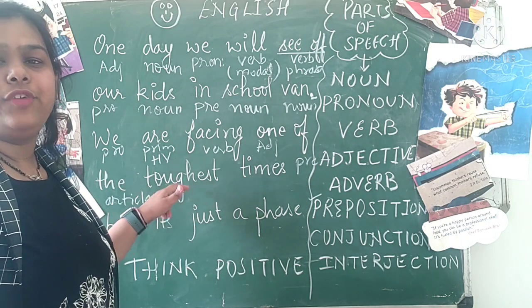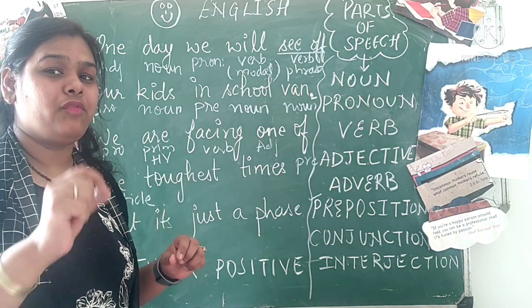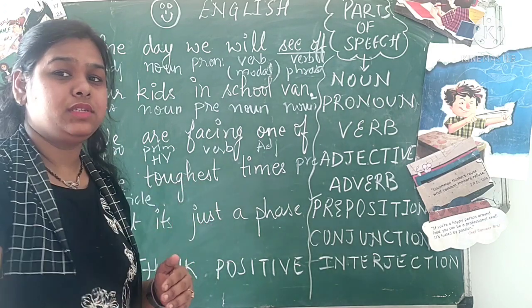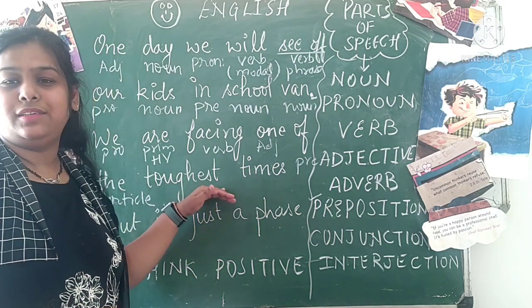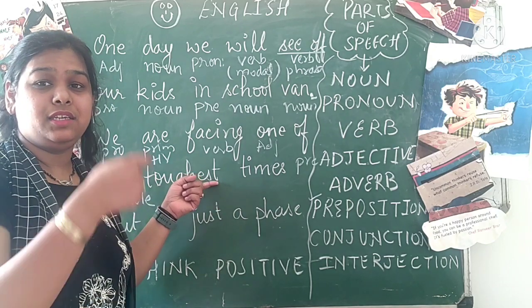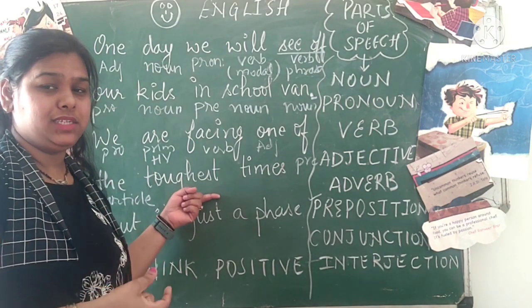Then toughest. What is toughest? Now you might have heard about degrees of adjective. Tough, tougher, toughest. Toughest means most difficult, right? So how do I know it's an adjective? Because I'm using est. With the help of a suffix we can identify which part of speech it is, right?